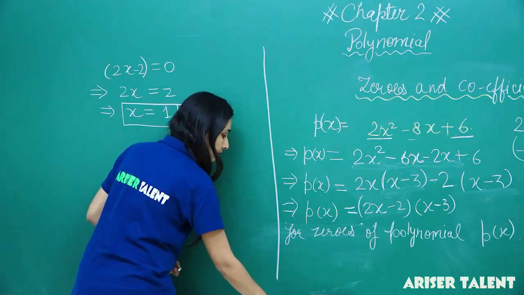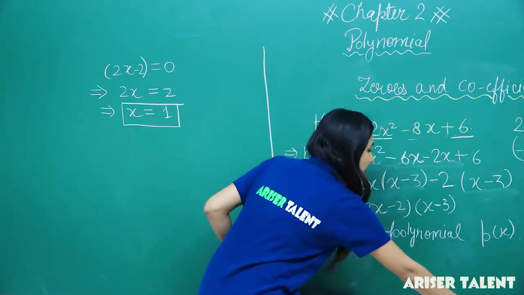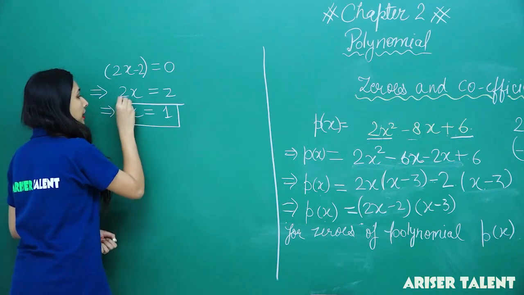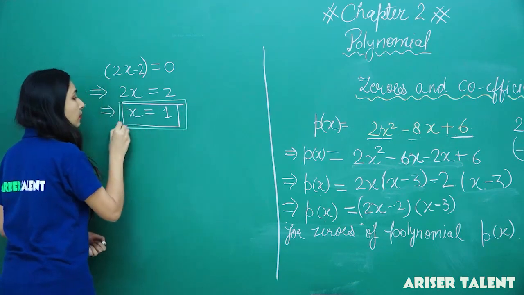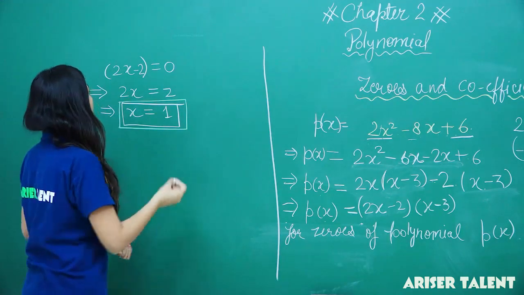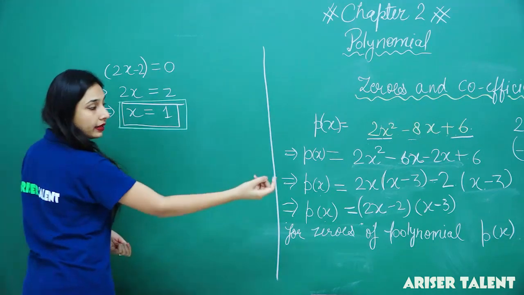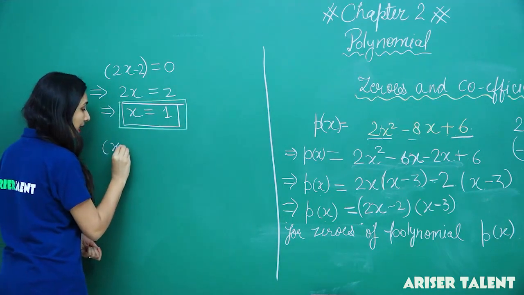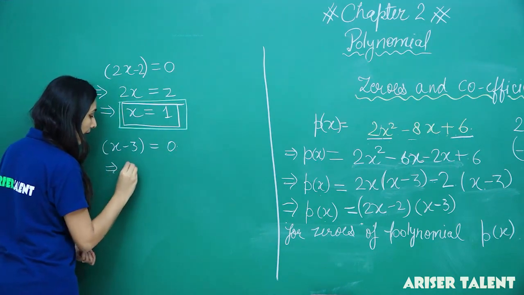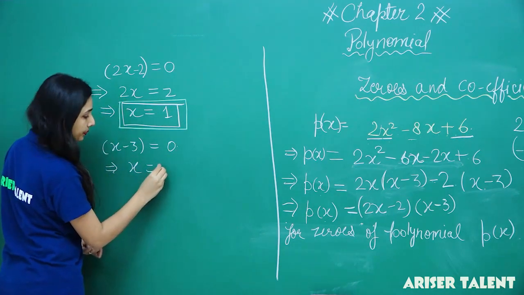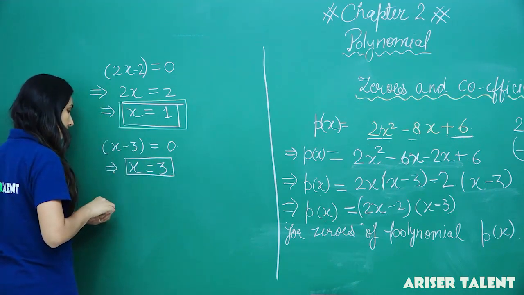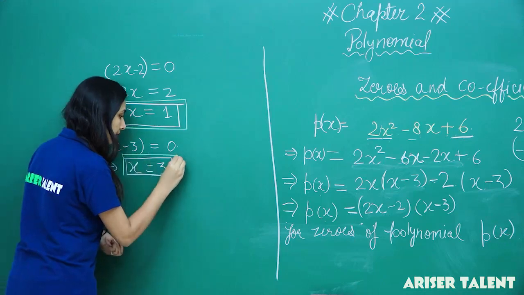So, x equals 1 is a zero of the polynomial, and by taking x minus 3 equals 0, what will you have? x equals 3.